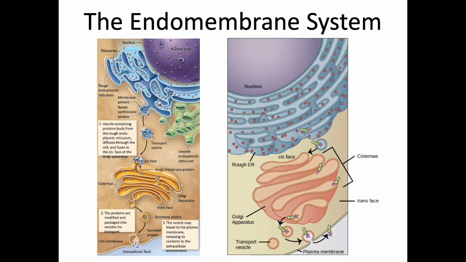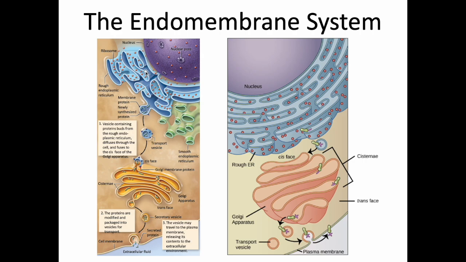So, what are these three components? Well, let's start with the one that's closest to the nucleus. This structure, the blue one, is called the rough endoplasmic reticulum. It's called rough because, whether it's a cartoon here or whether you're seeing a microscope image, even under a microscope you can see these little dots, these little studs on this folded membrane.